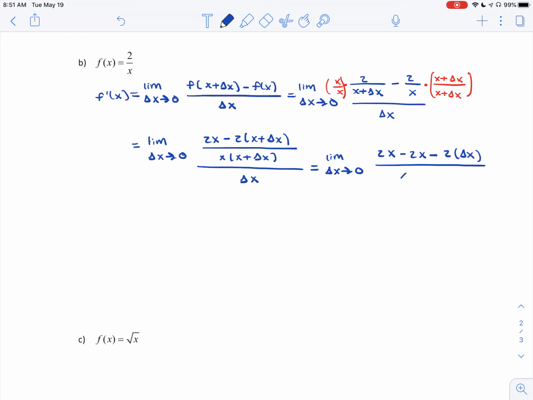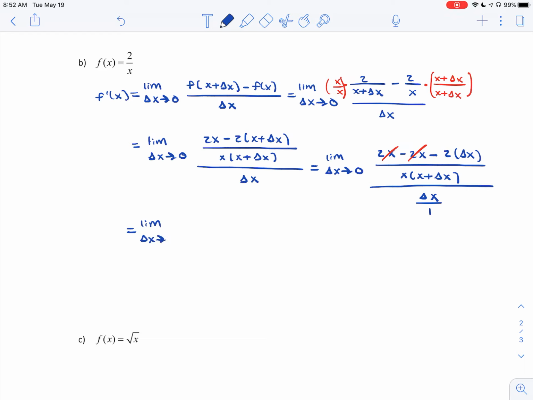It's still all over x times x plus delta x, and the whole thing divided by delta x. Okay, so up in the top here, we can see the 2x and the negative 2x are going to cancel out. And then just remember that whenever we're dividing fractions, we can just multiply by the reciprocal.